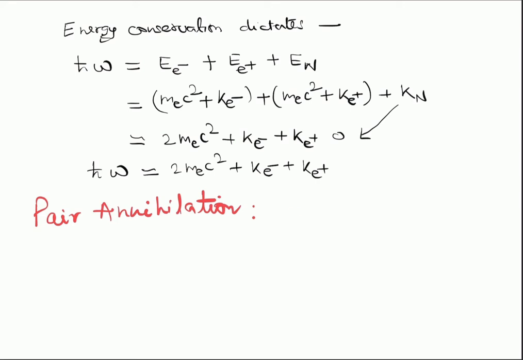That is, electron plus positron give rise to photons.